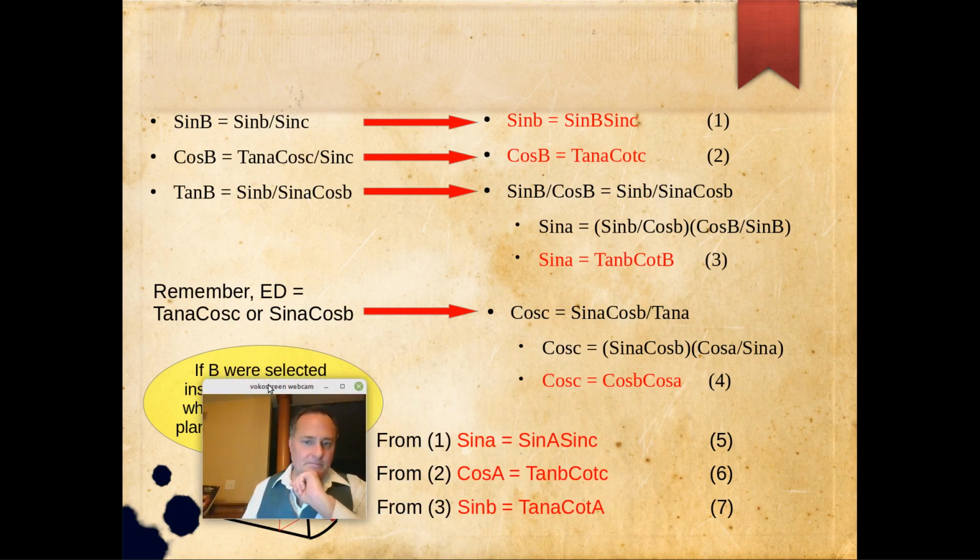Now, we can find another value, number 4, by remembering that the length of the line ED has two values, both tangent A cosine C or sine A cosine B from the previous slide. And so essentially what I can do is equate them.